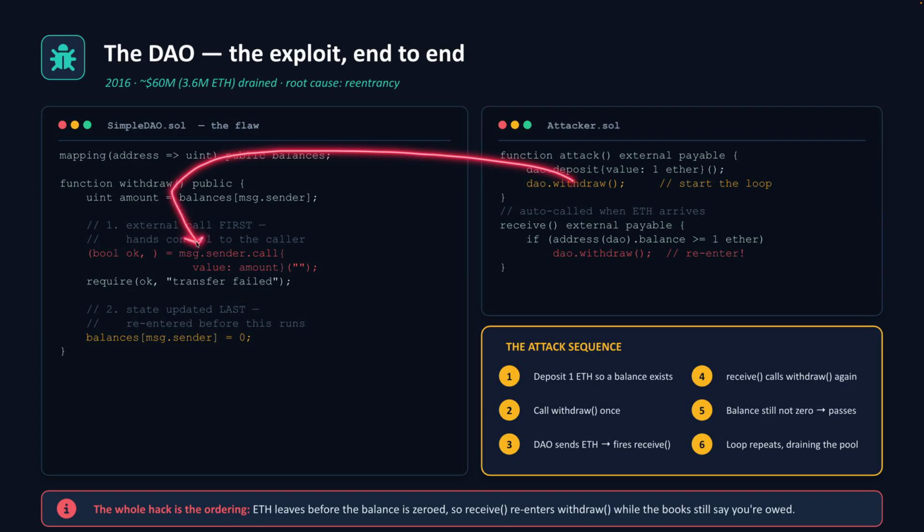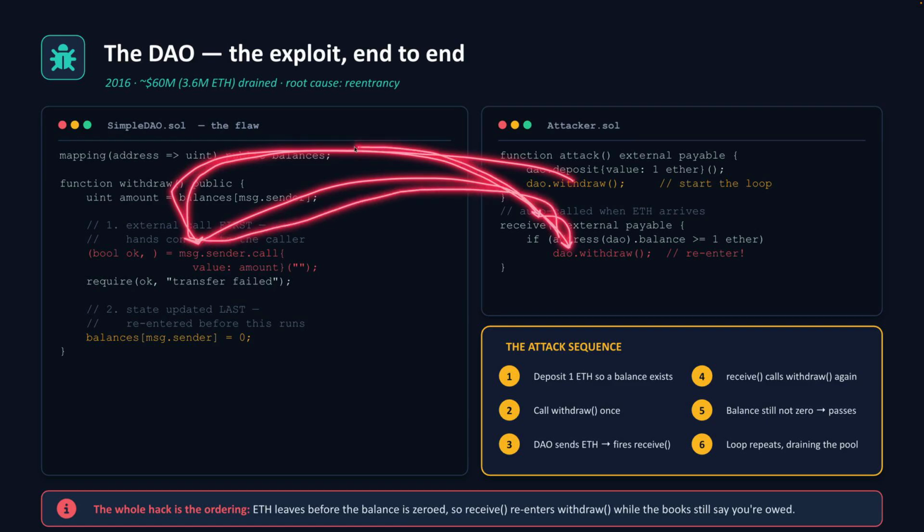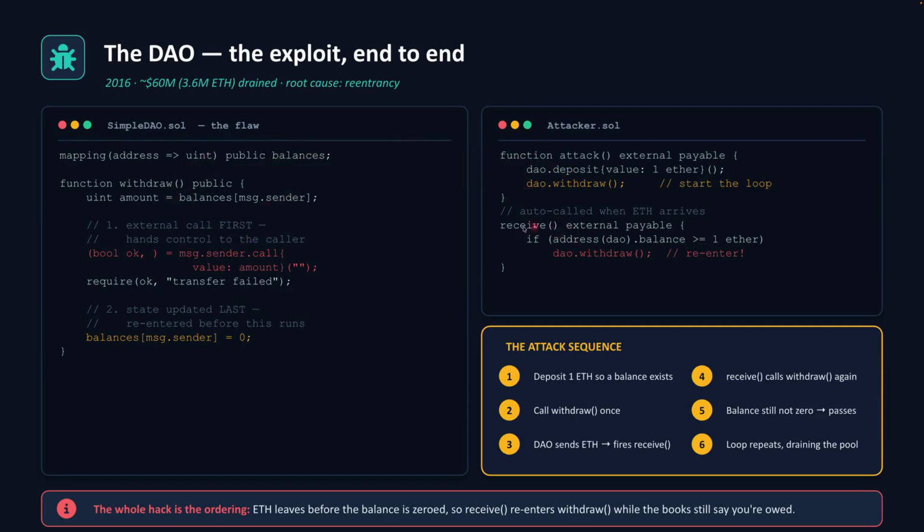After the external call, it goes to the receive function, from within the receive function, again DAO.withdraw, from DAO.withdraw, again the withdraw function, and this loop goes on repeating. Why does this happen? Because the state was updated after the external call and not before the external call.